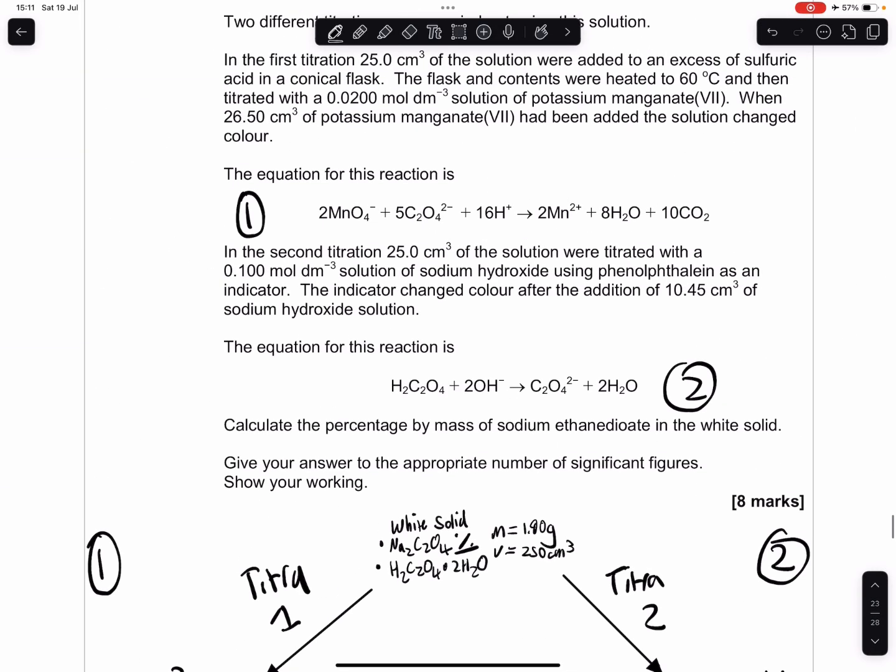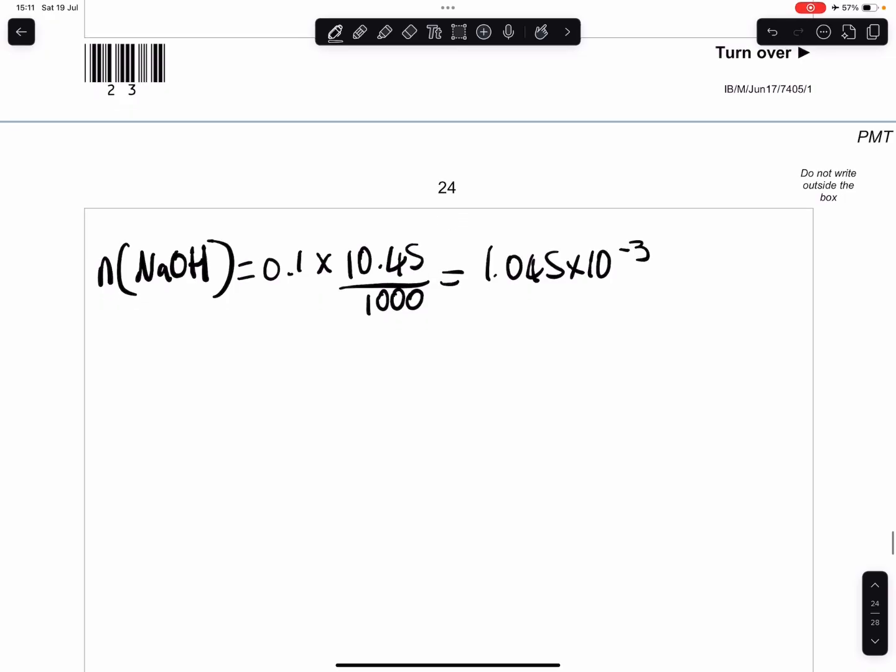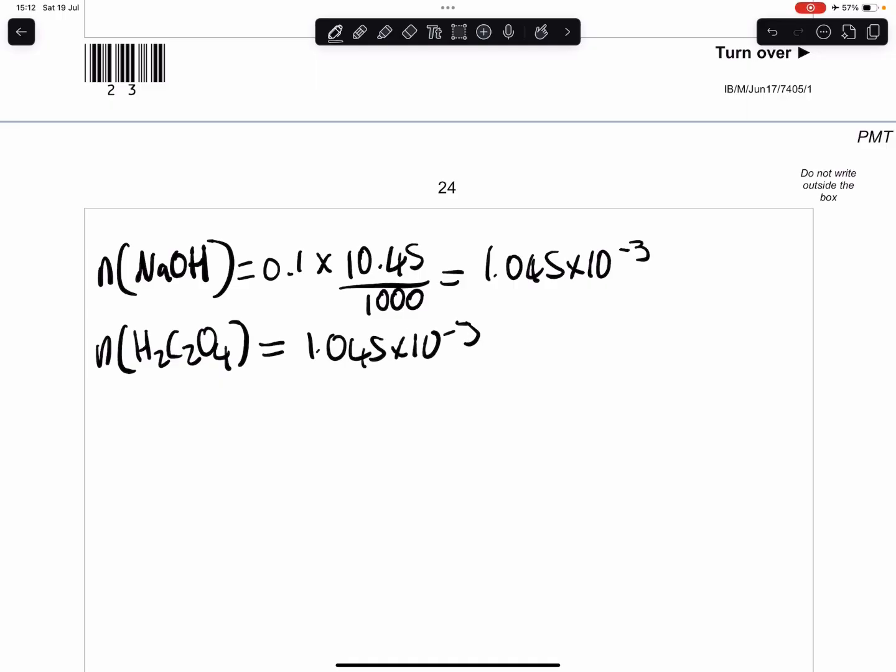And if we see here, we've got our 2 moles of our hydroxide, and we can use that. If we divide this by 2, we can find the moles of our H2C2O4. So our moles of H2C2O4 will equal 1.045 times 10 to the negative 3, divided by 2.